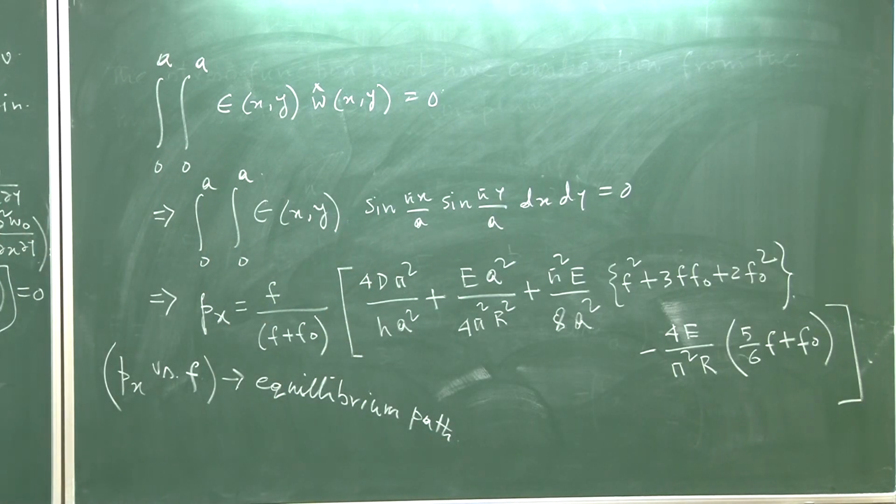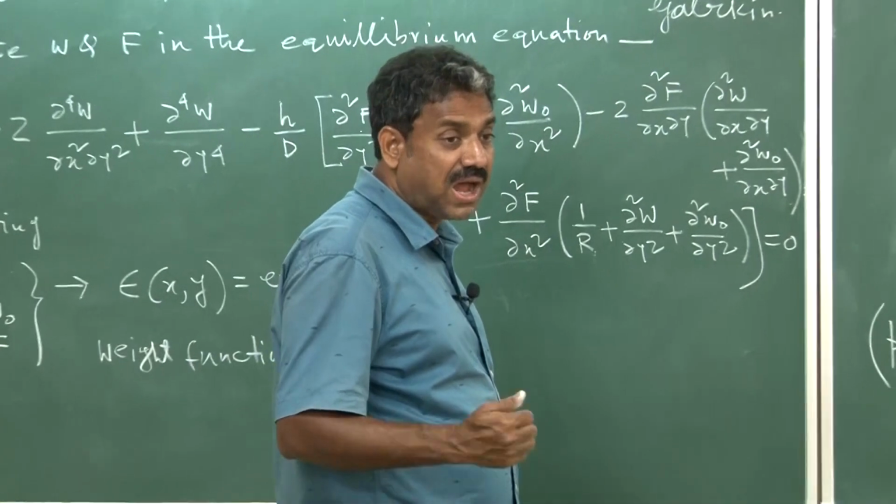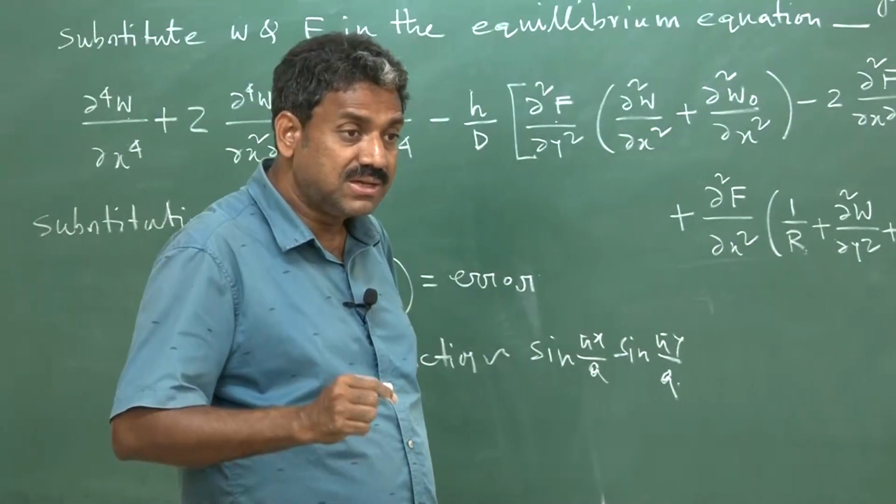I will not call it a whole shell because I am considering a panel; for a whole shell it will be more complicated. But I want to demonstrate how curvature is going to influence the load drop.